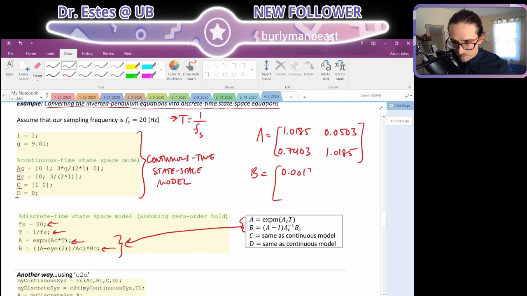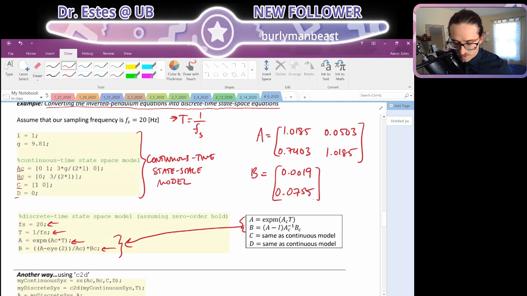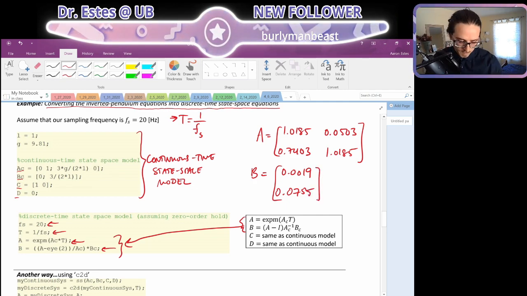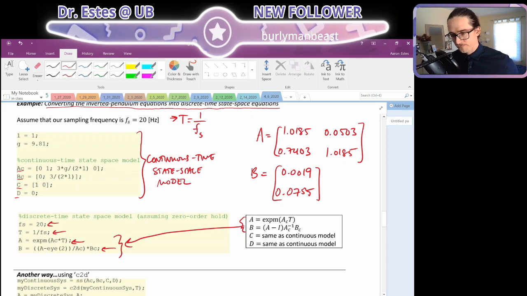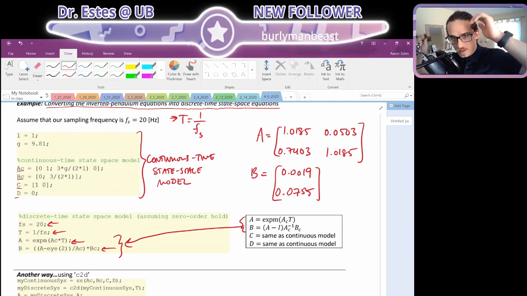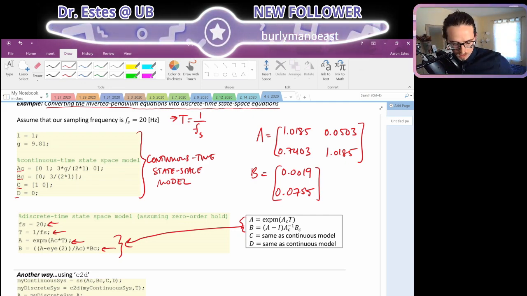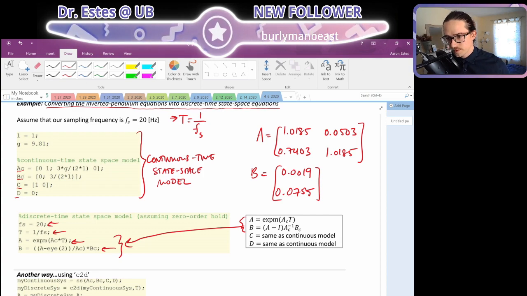This is the special thing about digital controls too. You get a system that's tailored exactly to the conditions that you're going to be working with. If you just use continuous time controls techniques, you're not going to get the same precision of performance that you get with this tailored approach in digital controls.